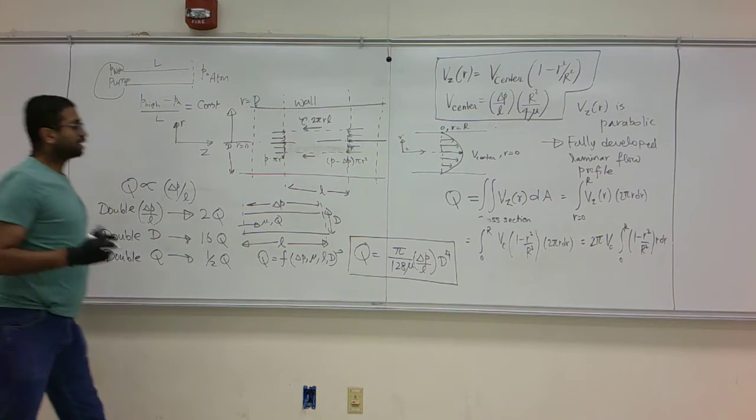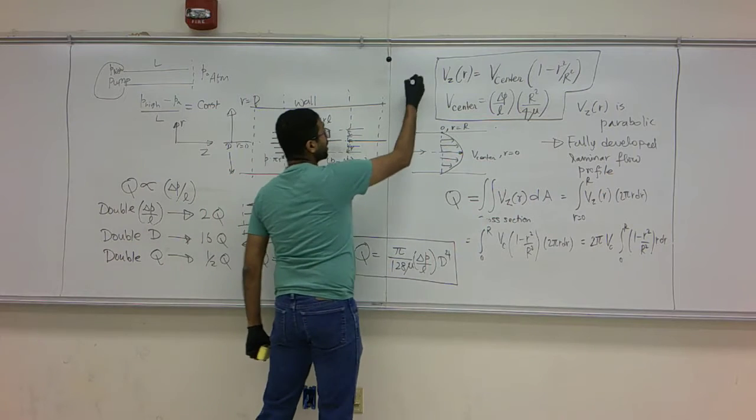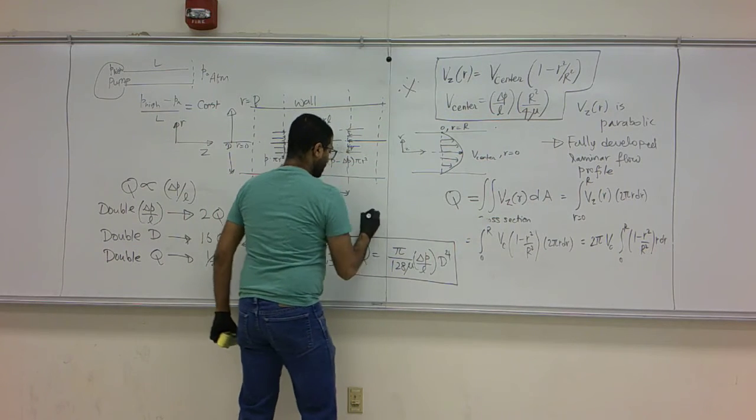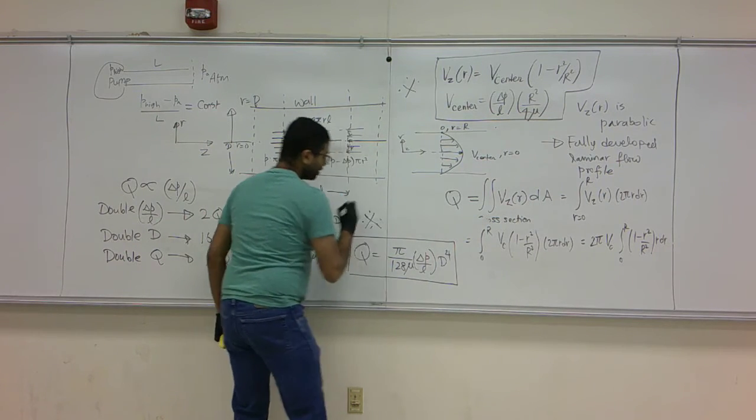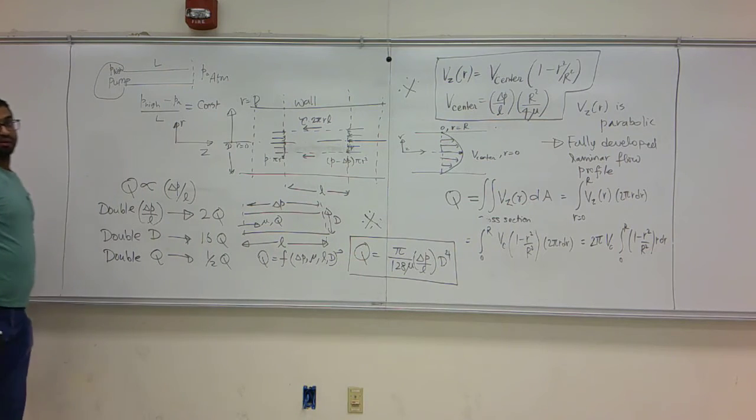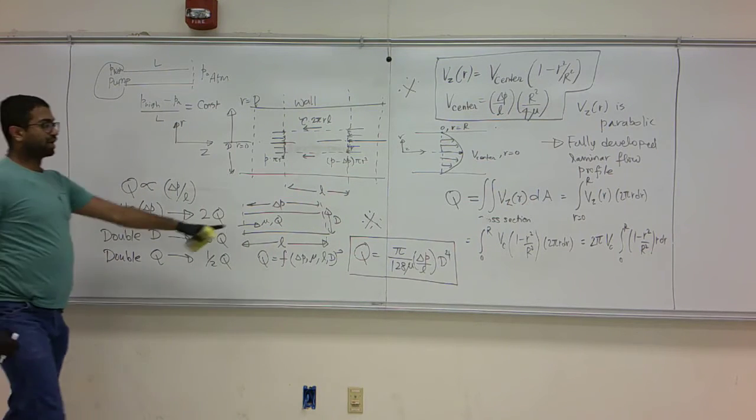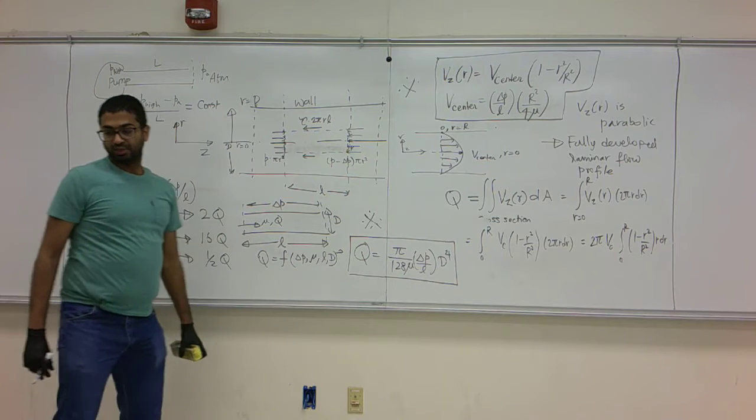But the key takeaway is that we set out to derive a velocity profile and the relationship between flow rate and pipe dimensions and pressure drop, which we have accomplished here in this expression.